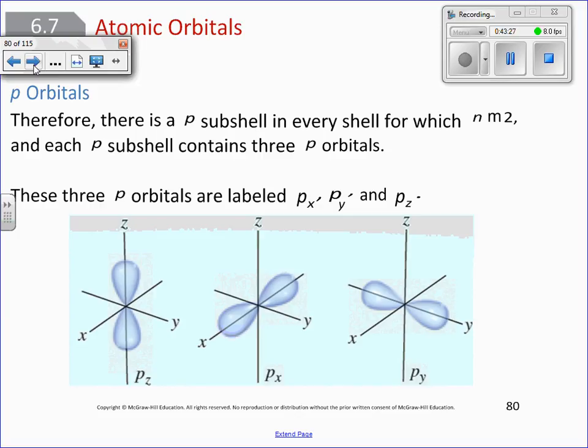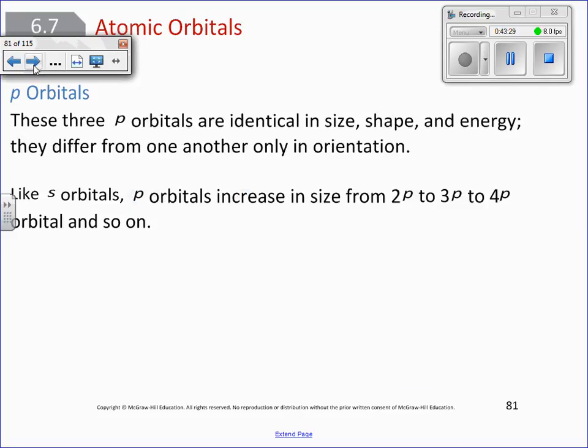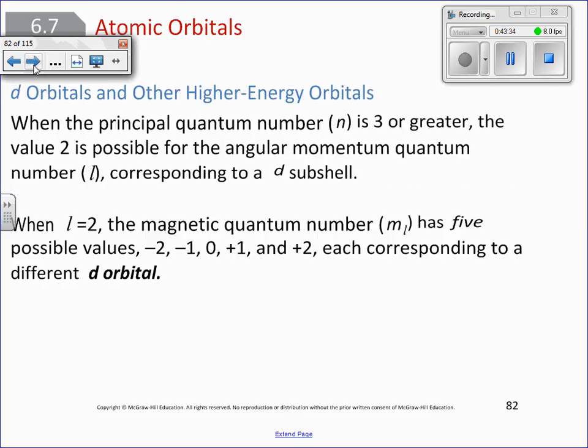Okay, so when you get to the d's, which are in the third quantum number, how many numbers? -2, -1, 0, +1, +2. 5. So we got 5 orbitals here. 1, 2, 3, 4, 5.